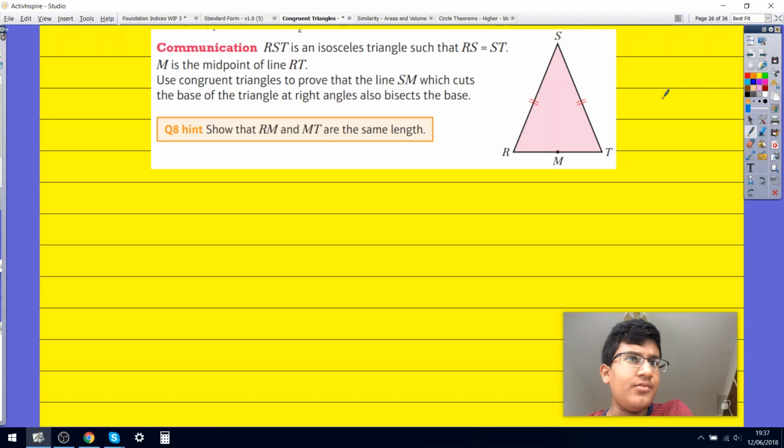X, B, 3, Y. Okay, so then prove that triangle XAZ, so XZ is congruent to XBY.